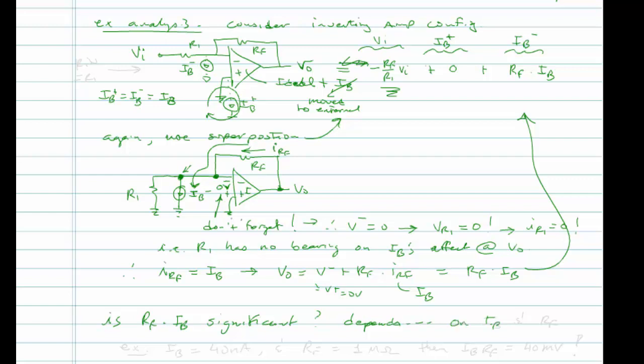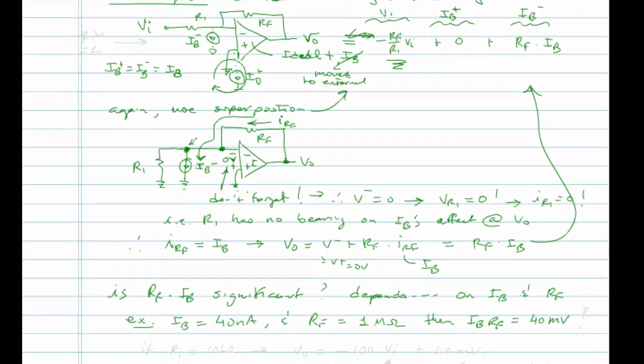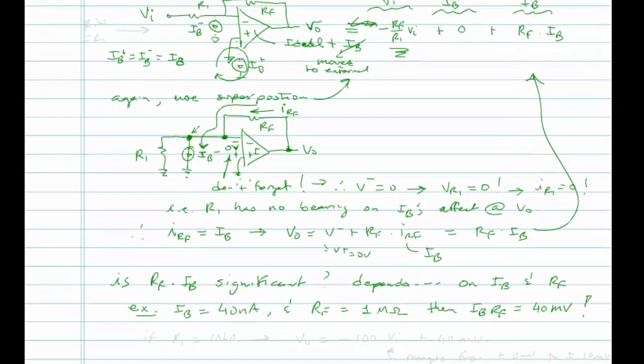On, of course, how big IB is and how big RF is. So as an example, if IB is equal to 40 nanoamps, and let's say that RF is equal to 1 megaohm, that's 10 to the 6, then IB RF is going to be equal to 40 times 10 to the minus 9 times 10 to the 6. So that's 40 times 10 to the minus 3, or 40 millivolts.